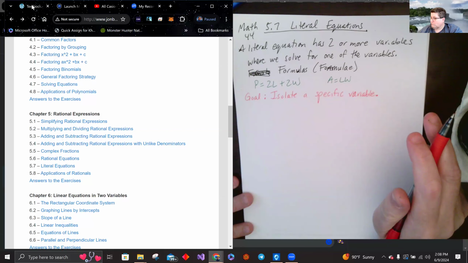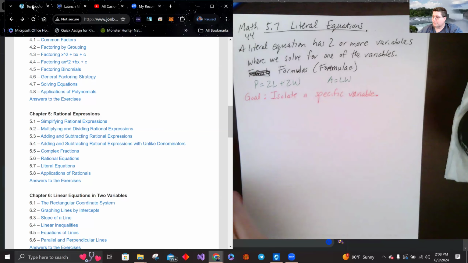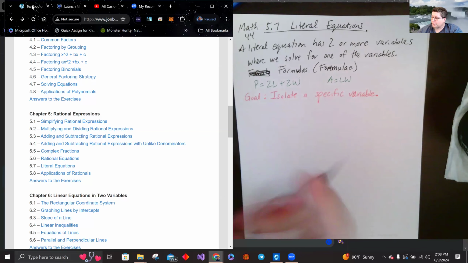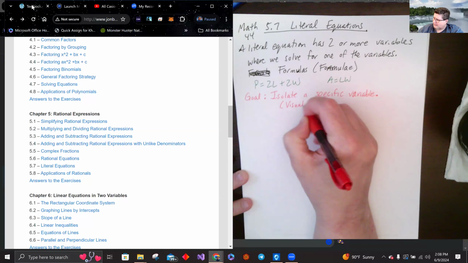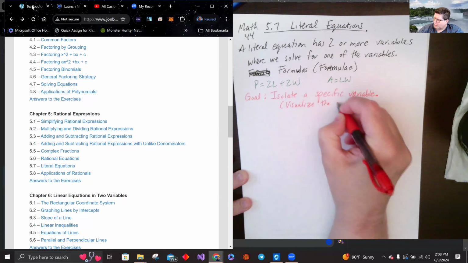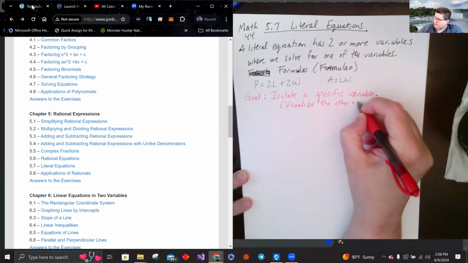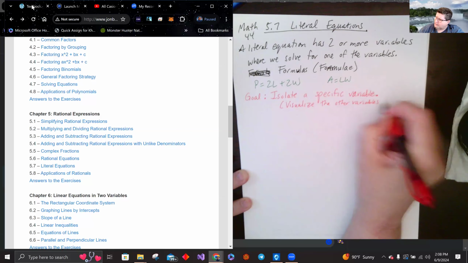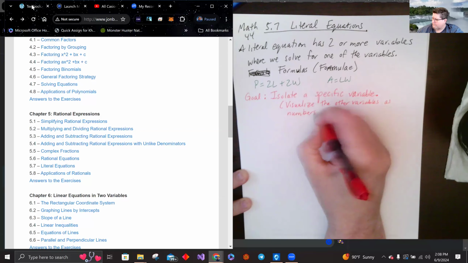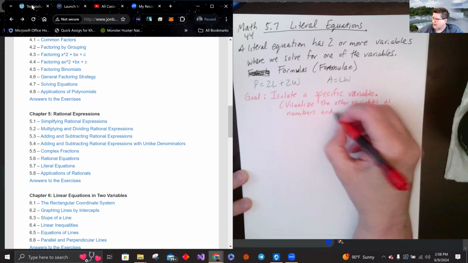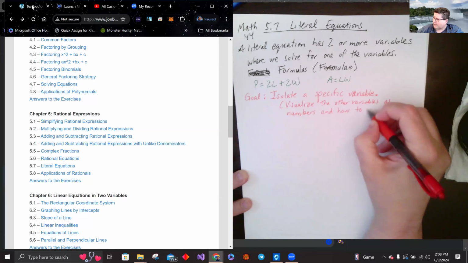So let's just take a look at some examples. If it helps you, visualize the other variables as numbers and how you would solve that way.